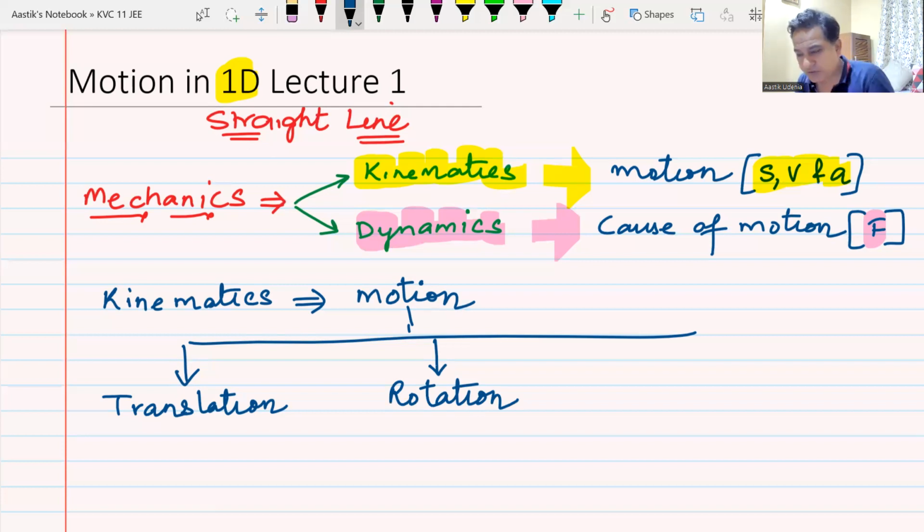Let us forget about translation. Can anyone give me an example of pure rotational motion from everyday life? You can see right now a pure rotational motion happening in the room in which you are sitting.